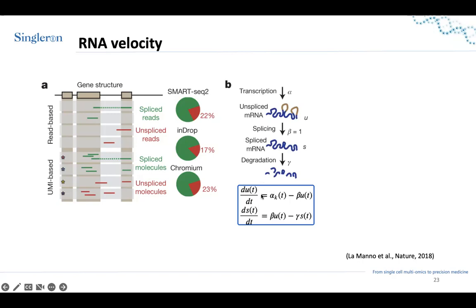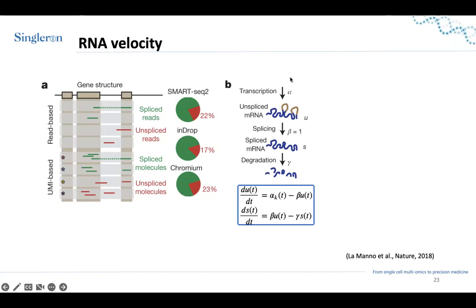So if you remember the chemistry course that we had a long time ago for me, you can write the rate of change of unspliced and spliced mRNA. Basically it is equal to the production minus destruction, or production minus loss.